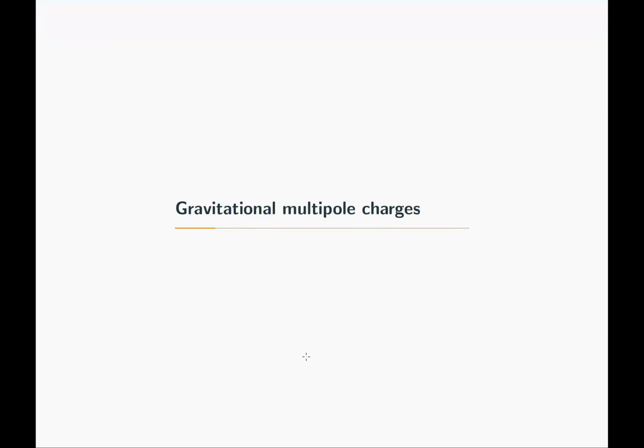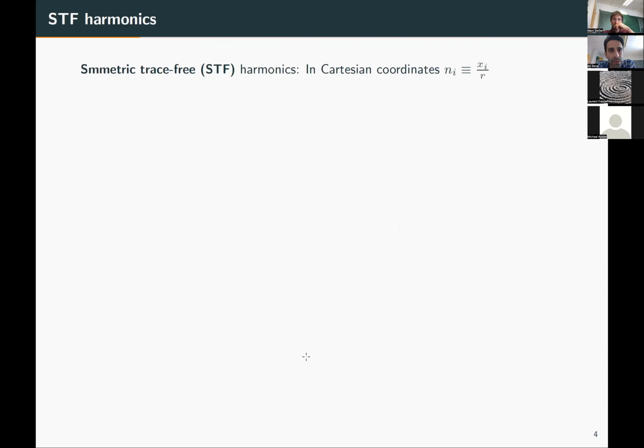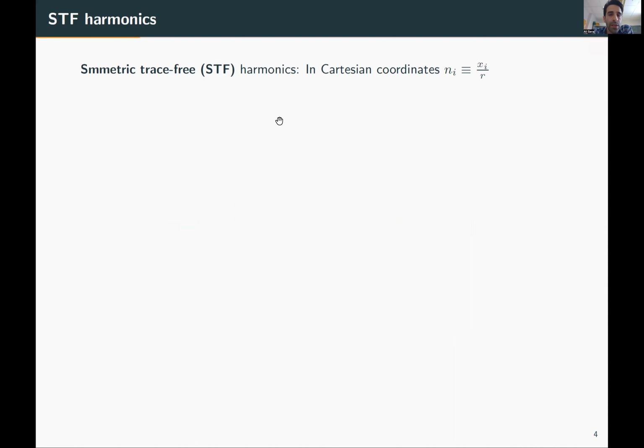I discuss these things in more detail in the gravitational case, which is more interesting. I want to start with the fact that there is an alternative to spherical harmonics, called symmetric trace-free harmonics, or STF harmonics. This is a useful alternative for computational reasons.